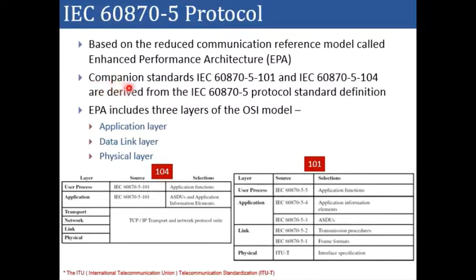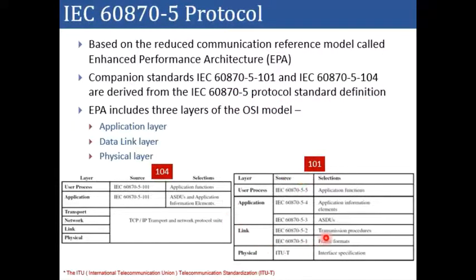So the companion standards in the IEC 60870-5 protocols are IEC 60870-5-101, which is a serial communication protocol, and IEC 60870-5-104, which is a network protocol. Both are derived from the IEC 60870-5 protocol standard definition.